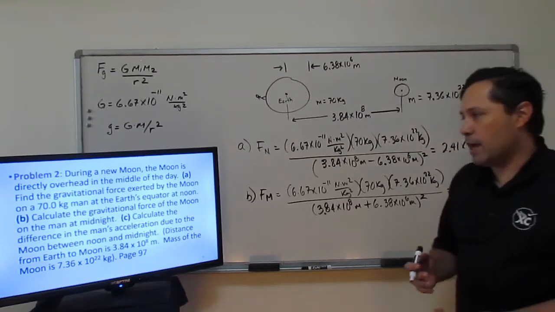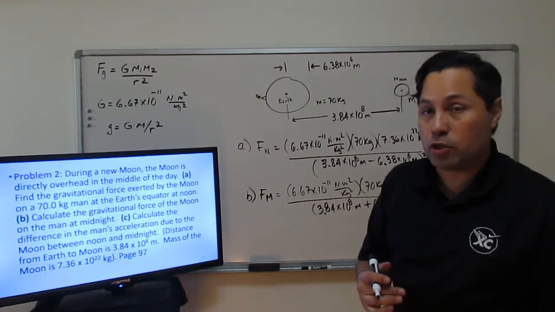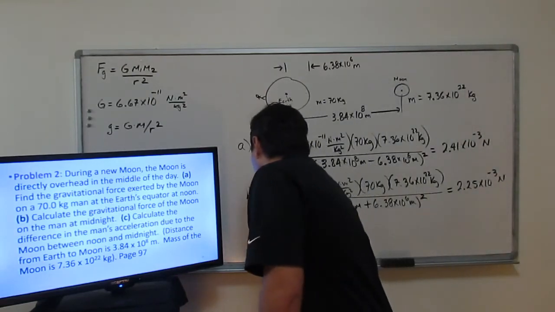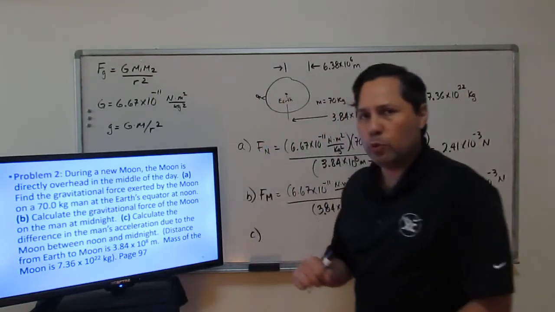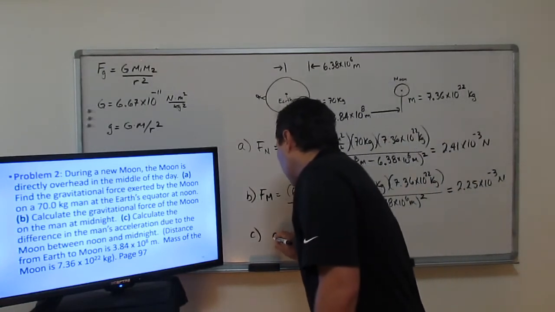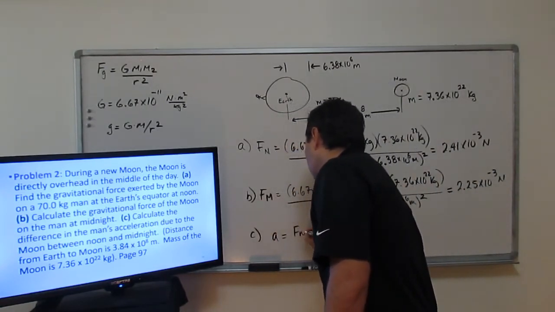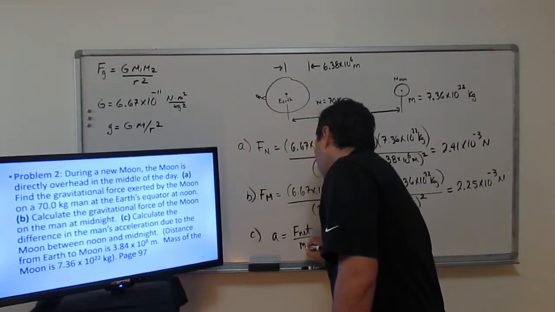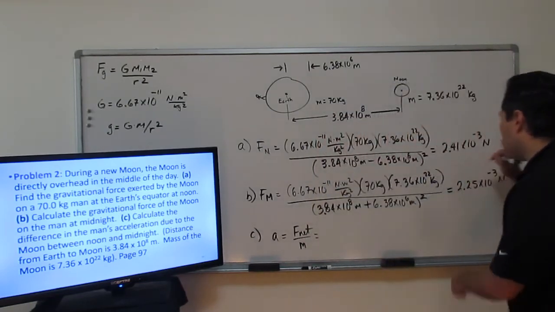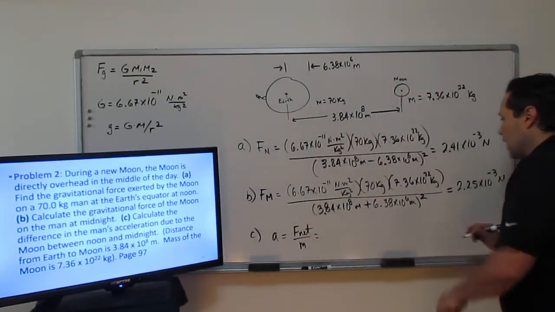Finally, part C, they ask you to calculate the acceleration due to the pull from the moon on the man. So acceleration is net force over the mass of the man. Net force is noon minus midnight.